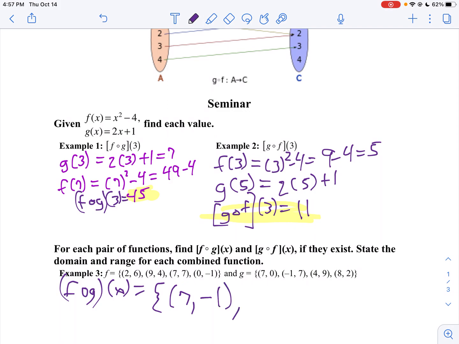Then I'll look at my next one. Negative 1 takes me to 7, and 7 takes me to 7, so I have negative 1, 7. Let's look at a third ordered pair. 4 takes me to 9, and 9 takes me to 4, so 4 takes me to 4.